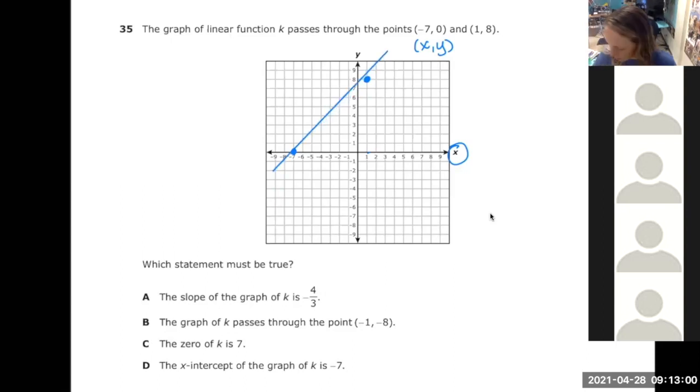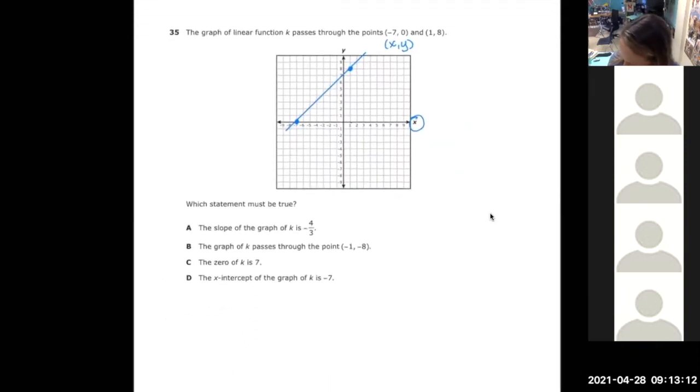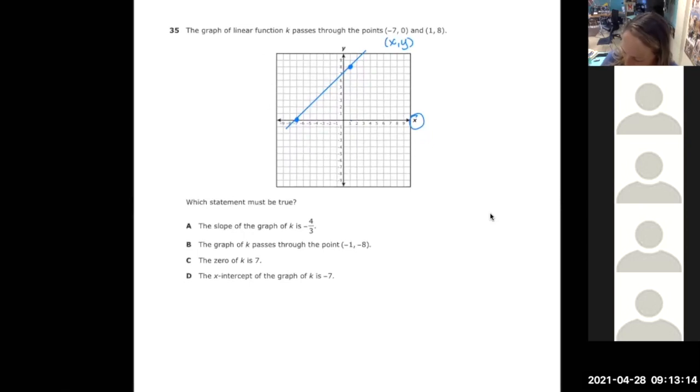Oh, that was not a very good line. Okay, there we go. And from that line, we can figure out the slope. So let's look at our answer choices first. So the first one says the slope of k is -4/3. So going from left to right, this line is going up.